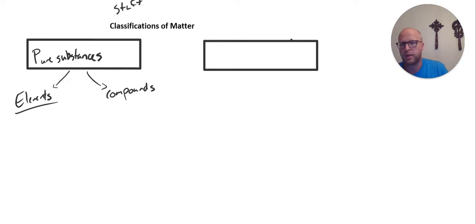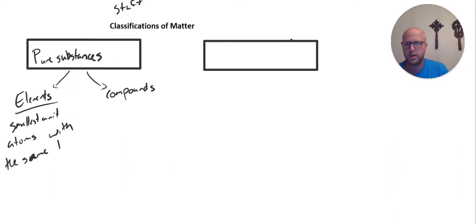And elements are the smallest or simplest unit of something that has the exact same properties. So really what we're dealing with here is atoms with the same number of protons in the nucleus, and that's going to be an element.